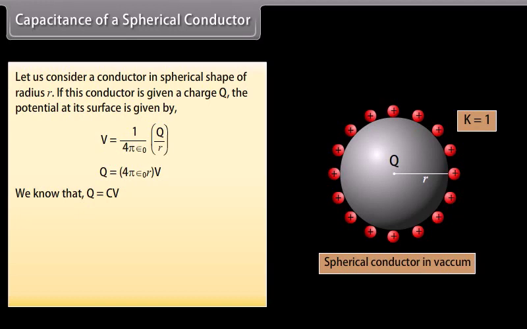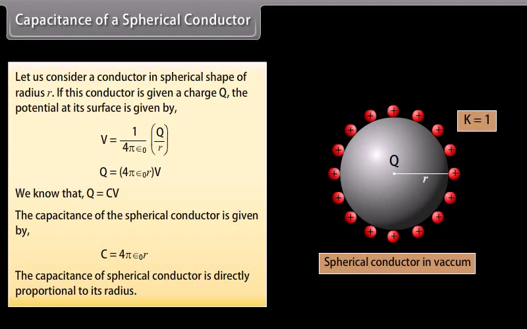On comparing the above equations, the capacitance of the spherical conductor is given by C is equal to 4 pi epsilon not R. This relation shows that the capacitance of a spherical conductor is directly proportional to its radius. Larger is the radius, larger will be its capacitance. This expression is true for the conductor placed in air or vacuum.